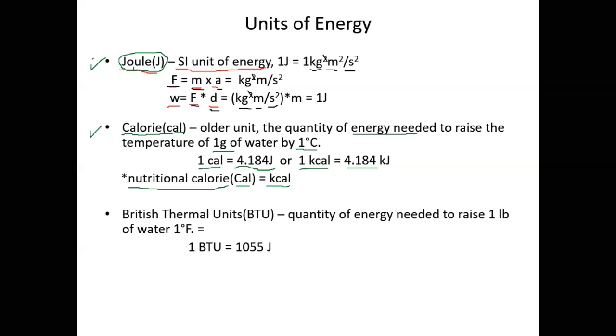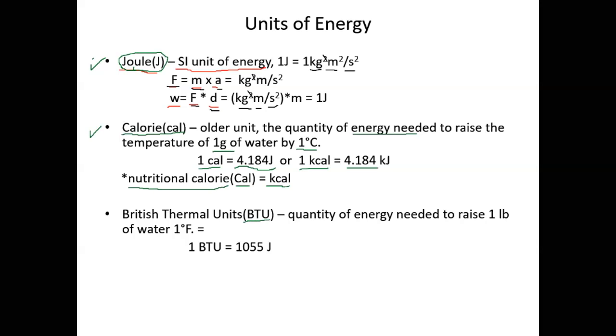And then just to show you another type of energy unit that you may see when you buy, for example, an air conditioner or a heater, is called British thermal units, or BTUs. The BTU is very similar to a calorie, except it's in the standard measurement system.